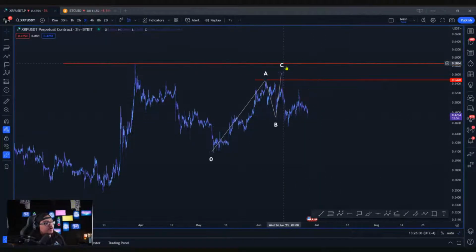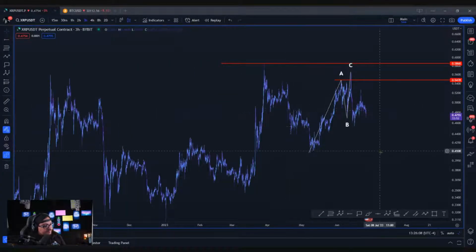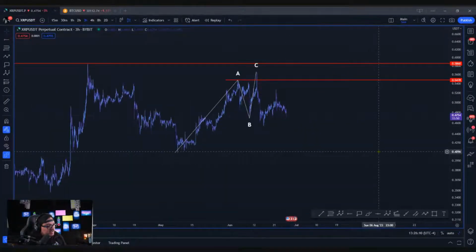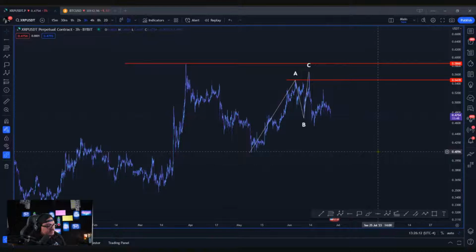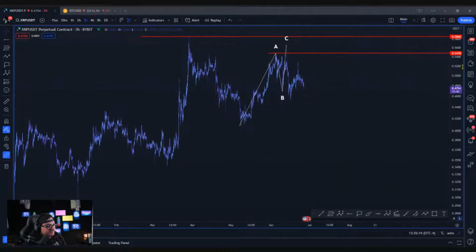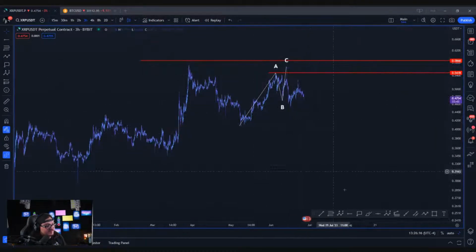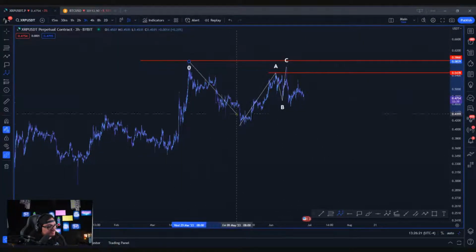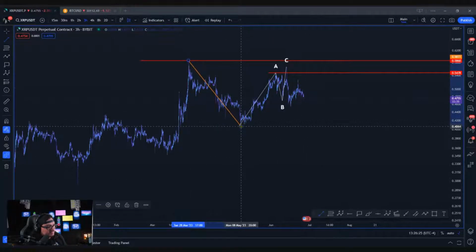Yes. Okay. So if you are shorting this, this is what I would consider. If BTC is going to be a little bit more bearish and if we are going to push down, one of the things I'm looking for as a potential setup is something like this.